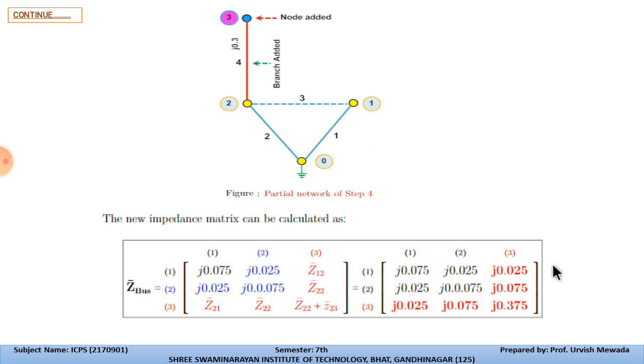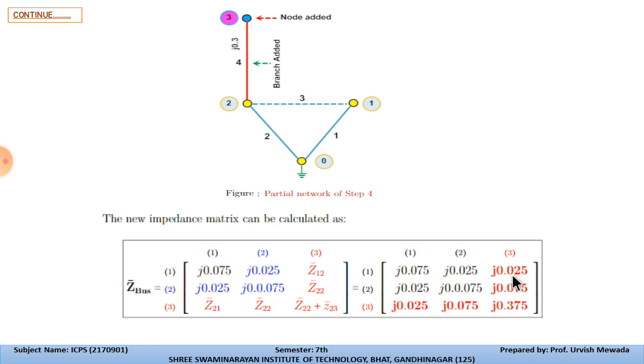Now Z13, so this is the addition of, means we are putting the value of Z12. So this is 0.025, because this is the old, we are putting this because we are finding the value of Z13. So that's why it is 0.025, because this is the addition of the node 3, and this is the column matrix.